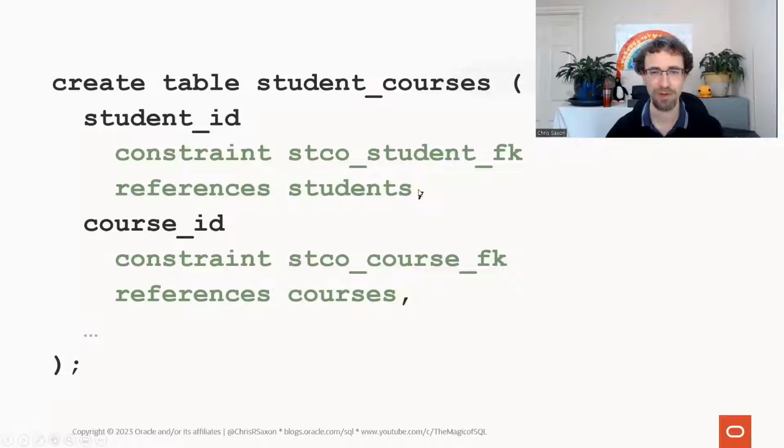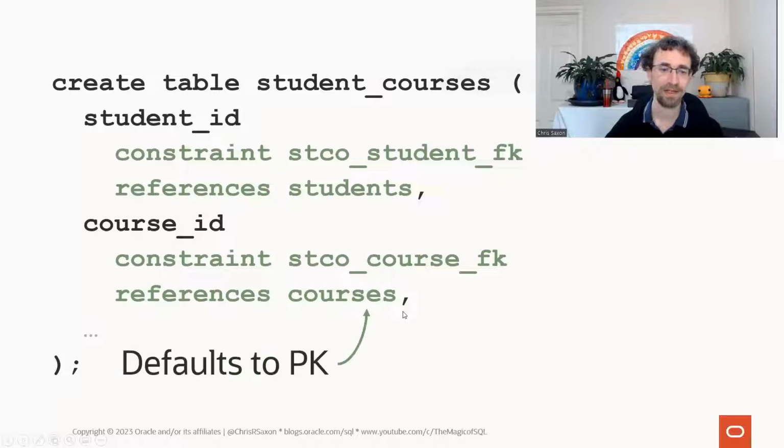So the question is, what is it matching, right? I haven't listed columns out here, what it points to in the students or the courses table. You can do this, and if you do this, it will default to the primary key, okay? In fact, it has to be the primary key that it points to.